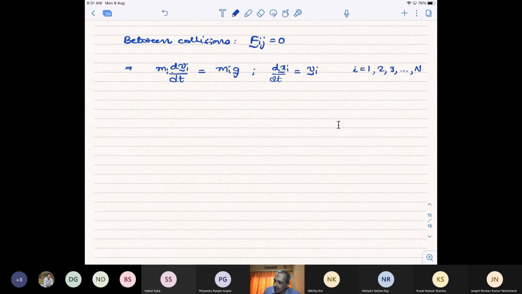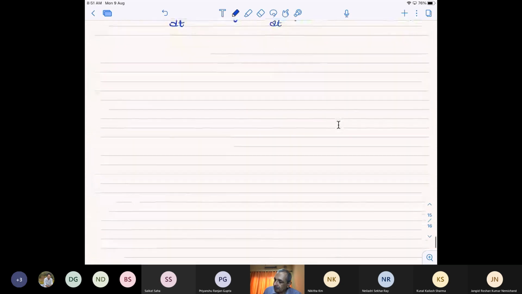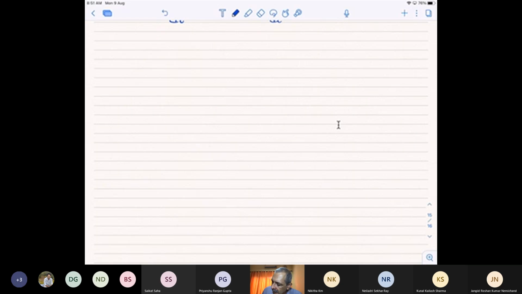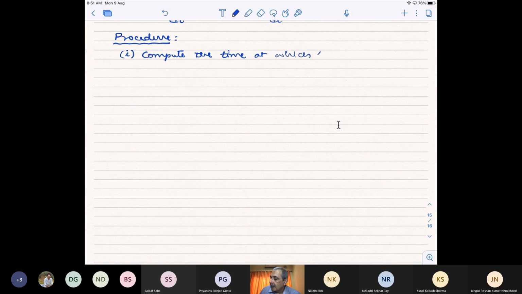So the basic procedure that we follow in this method is that first step is compute the time at which the next collision occurs.